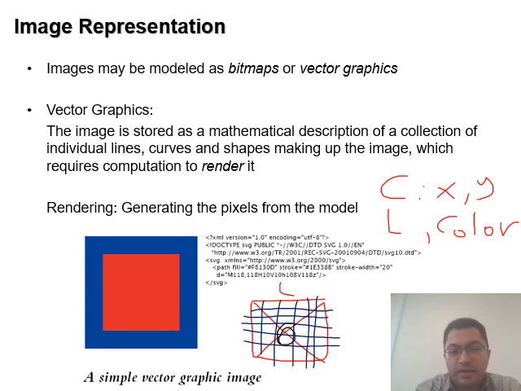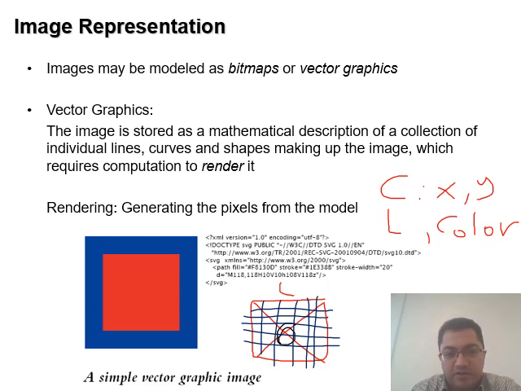How many rows do we have? We have 1, 2, 3, 4, 5, 6 rows and 6 columns, meaning 36 pixels. So if you're going to store that square, you have to store the color of each of the 36 pixels inside the square.